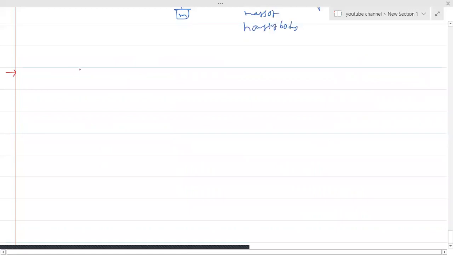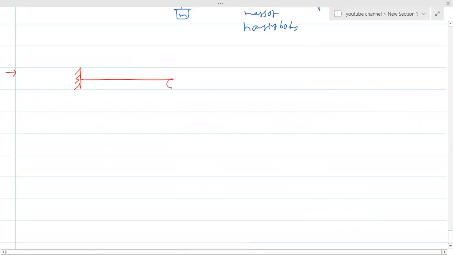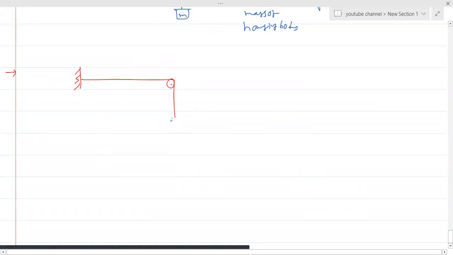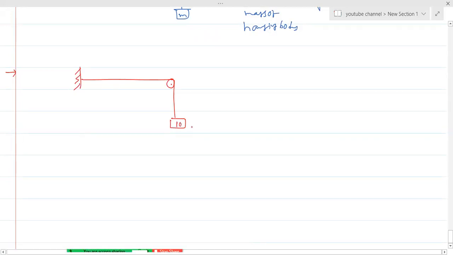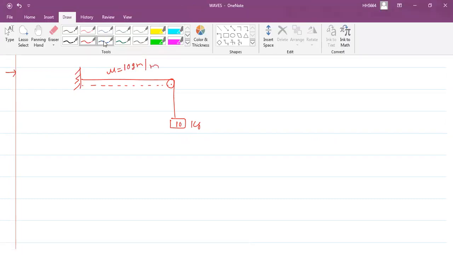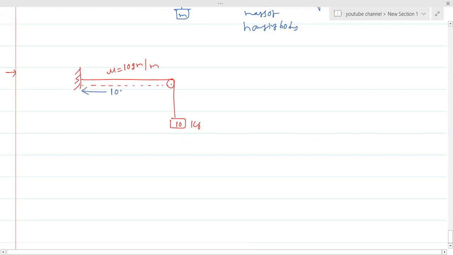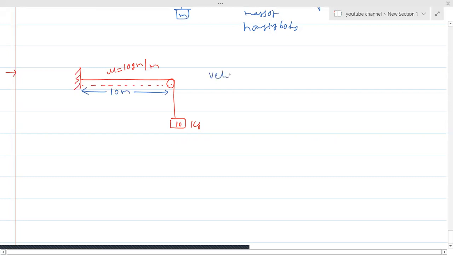For example, I am taking a string which is pulled over a pulley and suspended with a 10 kilogram load. And the linear density of the wire is given as 10 gram per meter. And the length of the table is 10 meters. Now the question is, find the velocity. What is the velocity of the string?